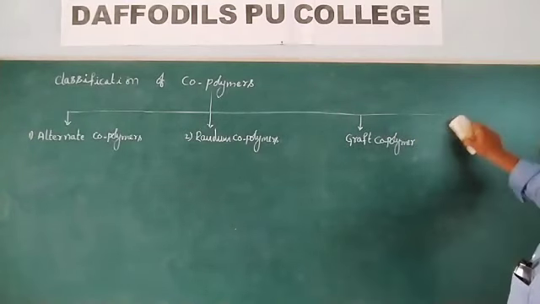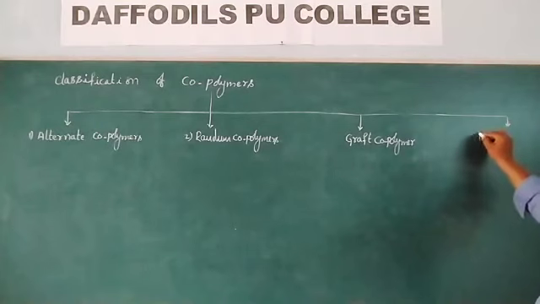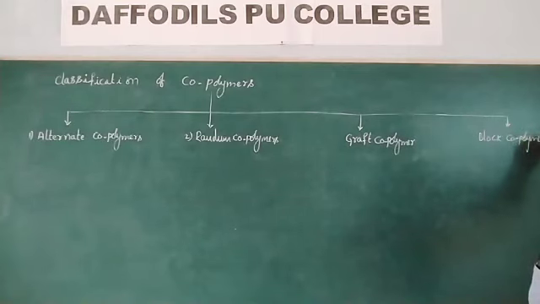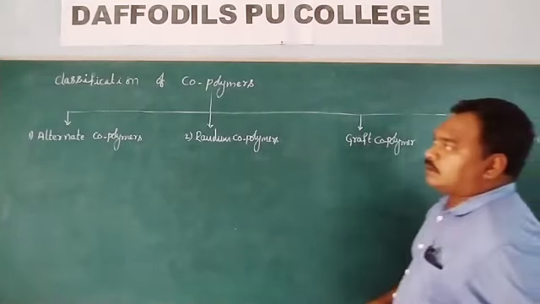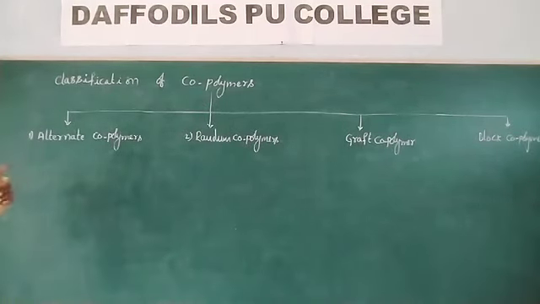Number four, block copolymer. So copolymers are of four types: alternate copolymer, random copolymer, graft copolymer, and block copolymer.